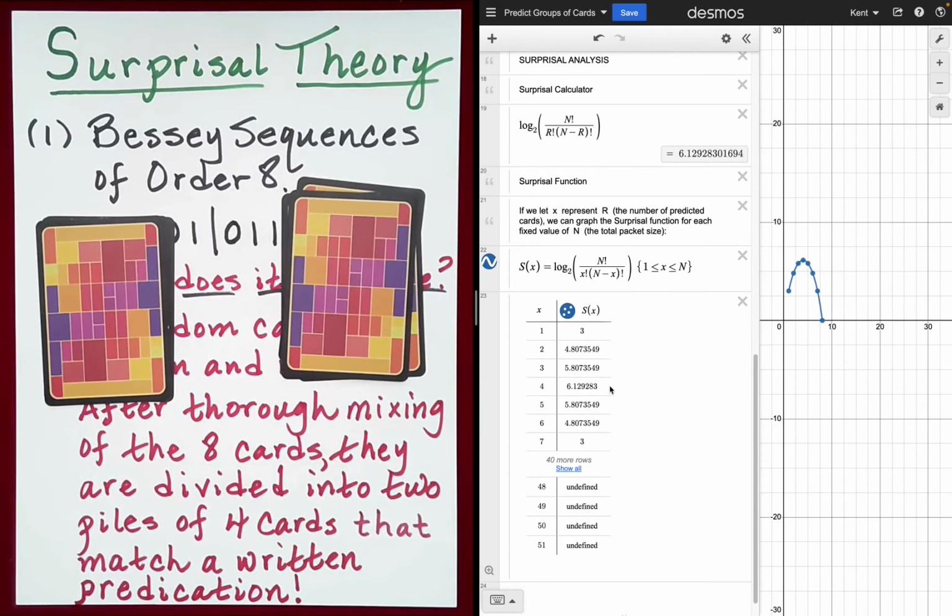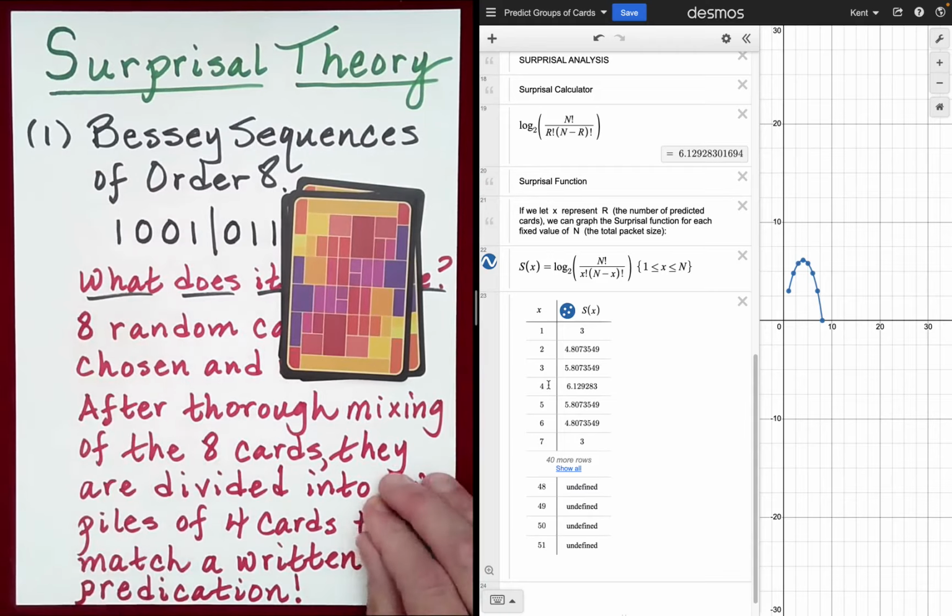And as you might imagine, that is also the maximum surprisal value for selecting a group of cards from a packet of 8 cards. Any smaller or larger selection of cards will lead to a lower surprisal value than we achieved in all of our performances with Bessey sequences of order 8.